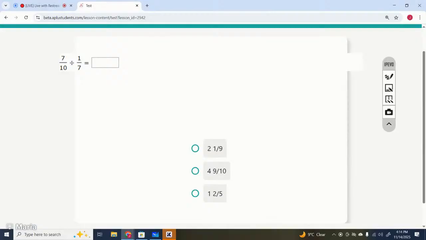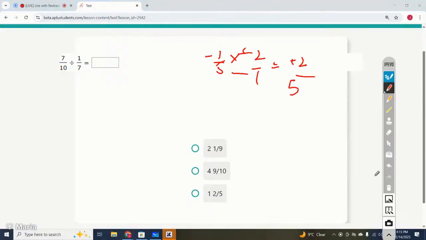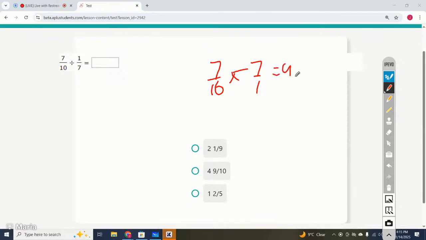7 over 10 divided by 1 by 7. Replace the division sign with multiplication, that is 7 by 10 multiplied by 7 over 1. 7 times 7 is 49 divided by 10. So that is 4 whole 9 over 10.